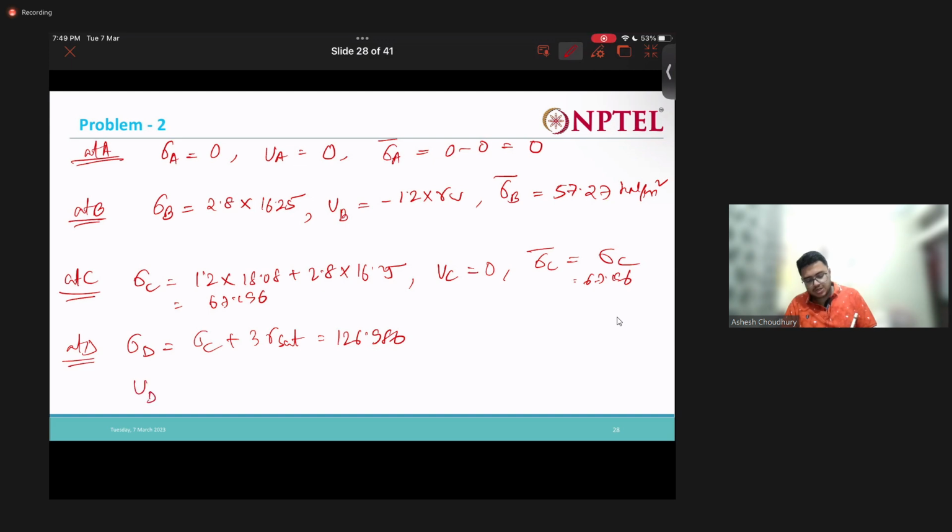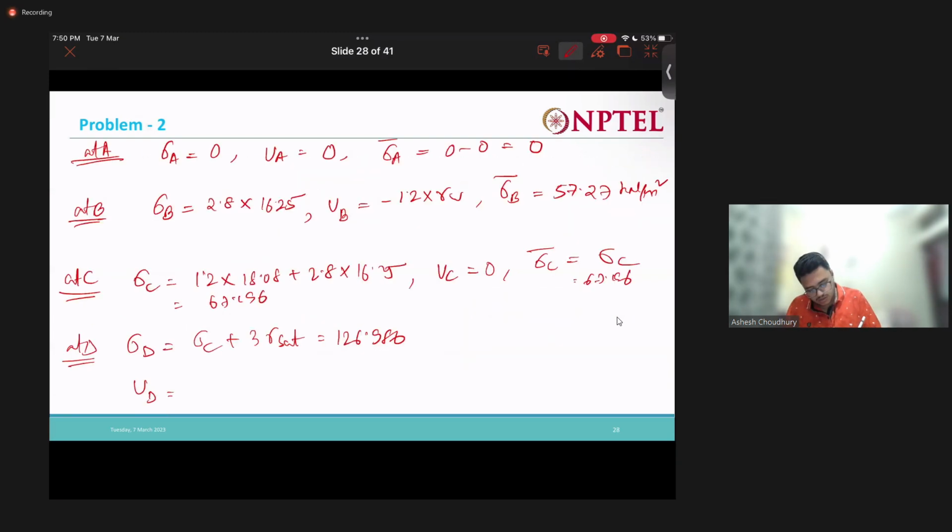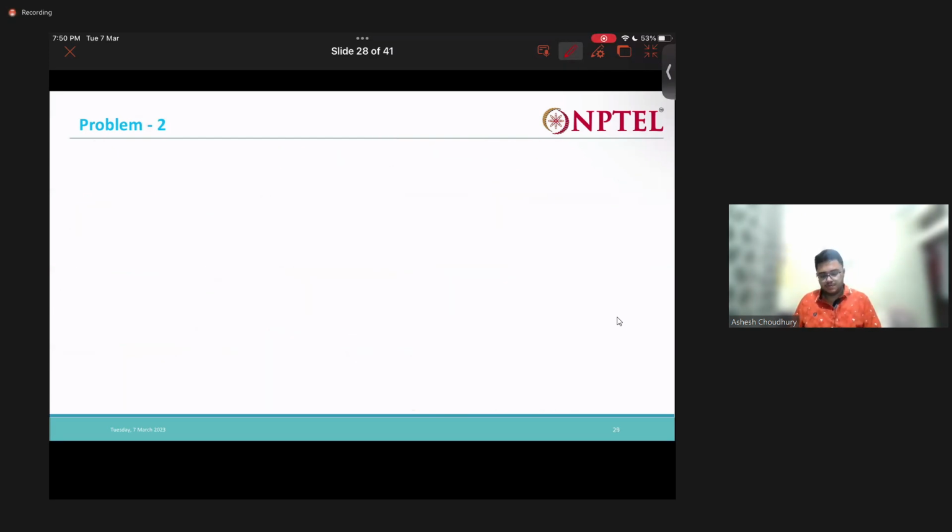What will be my pore water pressure at D? 3 into 9.81. So my effective stress will be 126.986 minus 3 into 9.81, which is 97.556 kN per meter square. So done with this one.